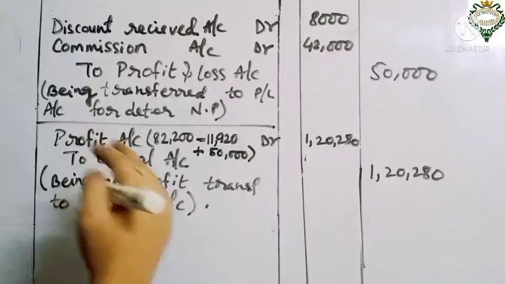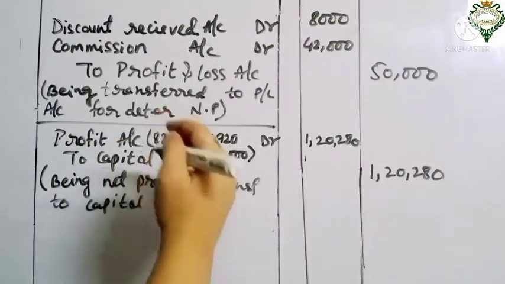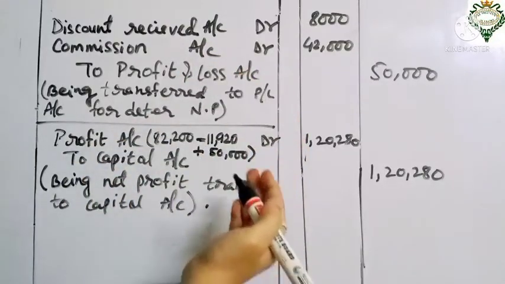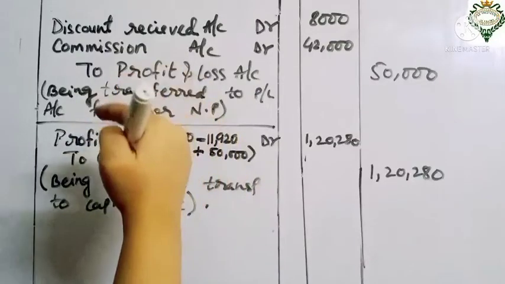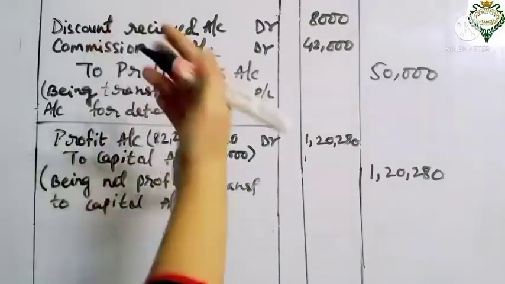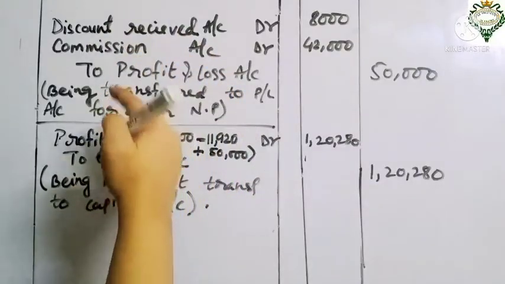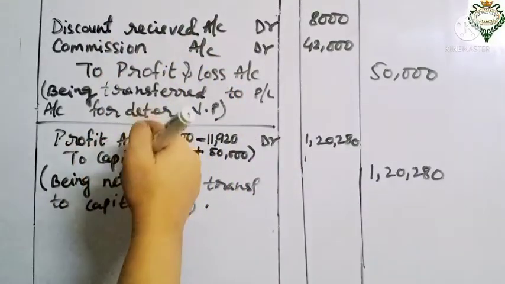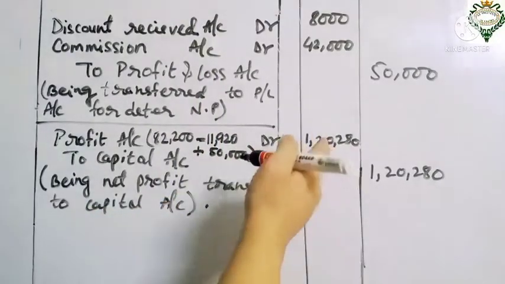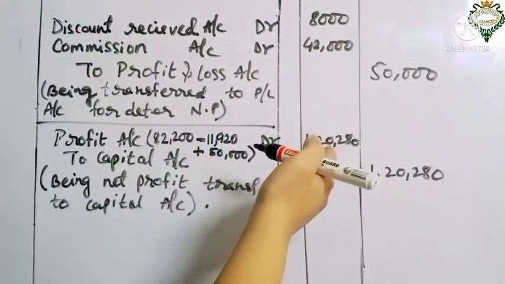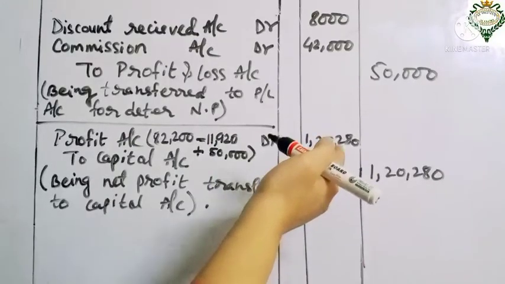Okay, you have to first transfer all the incomes and expenses to the trading account, then you have to transfer the trading account to the profit and loss account to take out the gross profit, and then you have to transfer the profit and loss account into the capital account to take out the net profit. Okay, so that is the way of doing journal proper for the closing entries.